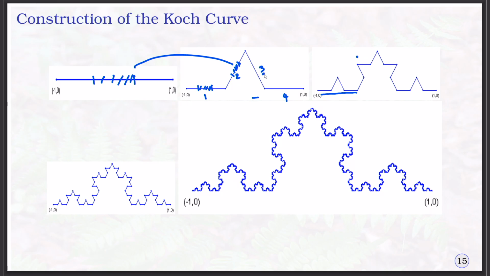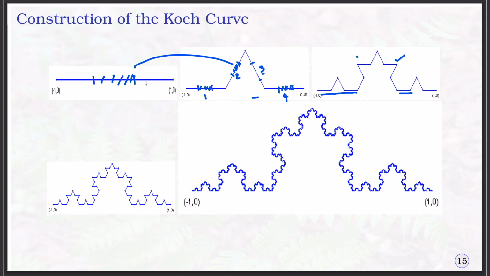Similarly, in the third one, divide into 3 equal parts and make it a side of an equilateral triangle, and one can get this part. So the first part is transferred to this one, the second part to this one, and the third part to this one. The fourth part is transferred as here: we remove this one and make it a side of an equilateral triangle, and one can get this part.